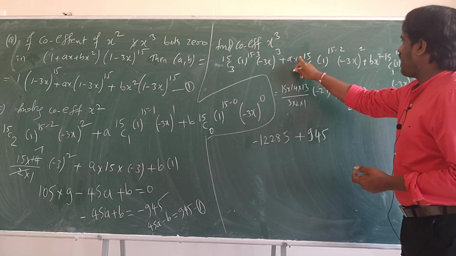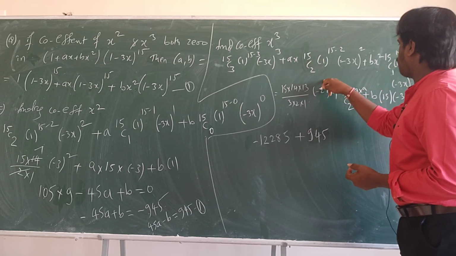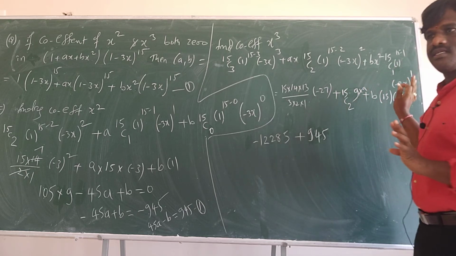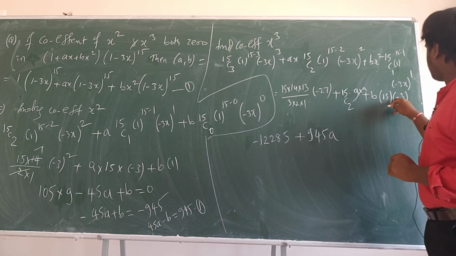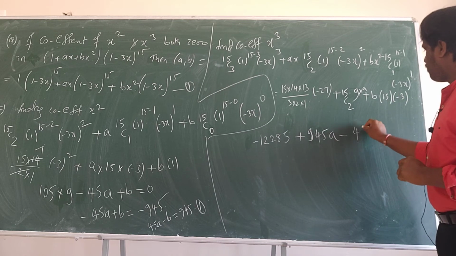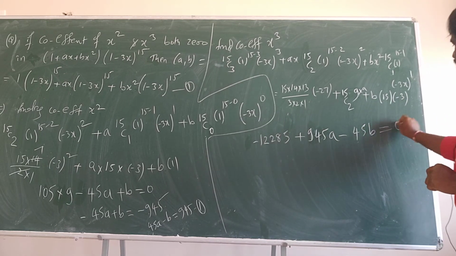A into 15C2 into 1 power, so it should be a. Next here, minus 45b. This is equal to 0.